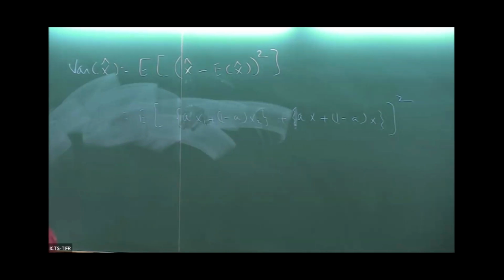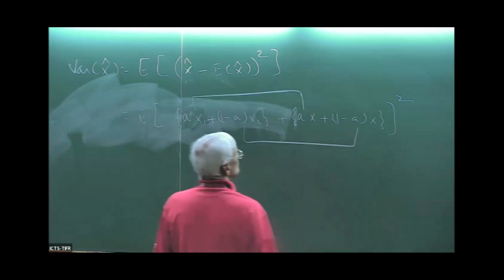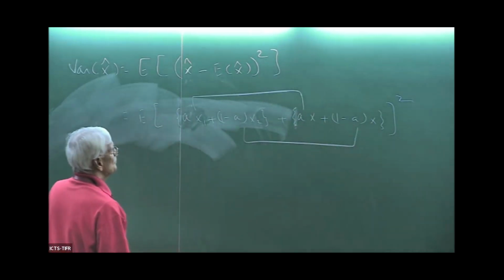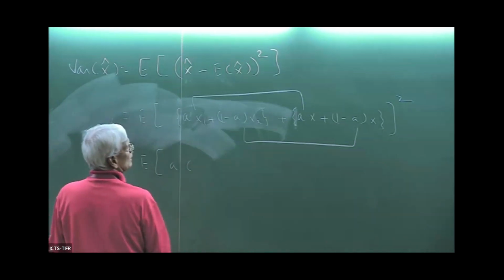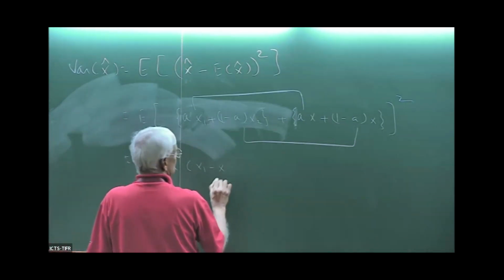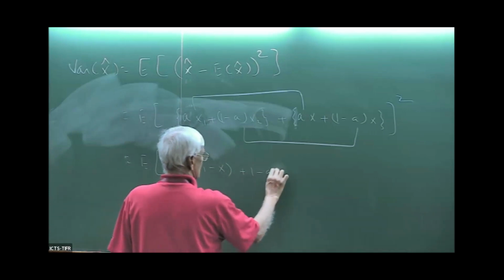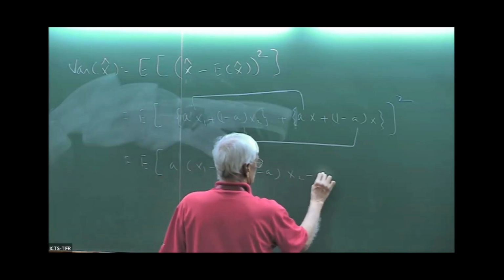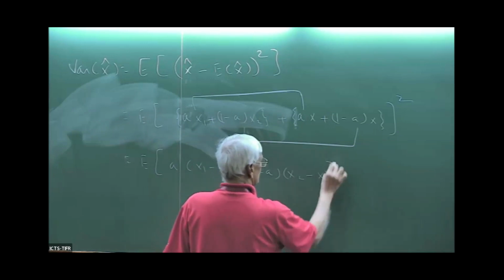All of you? So this essentially tells you I can combine these two. So this is equal to E of a times x1 minus x plus 1 minus a times x2 minus x, whole square.